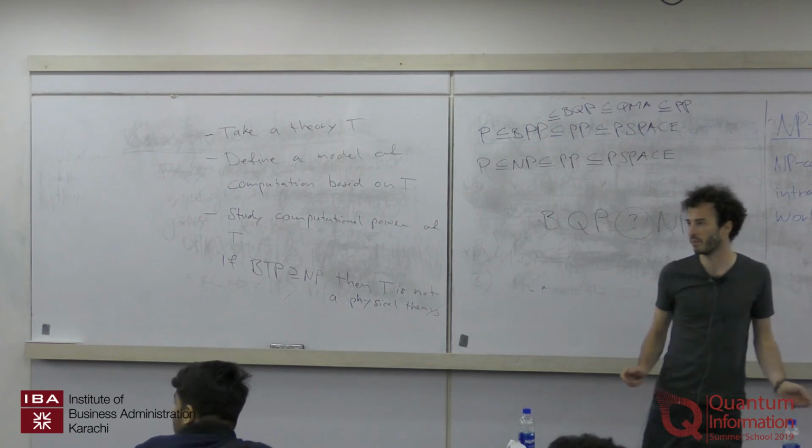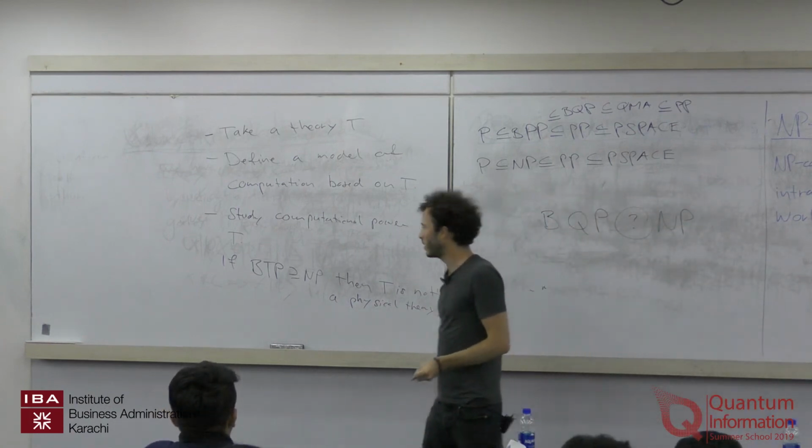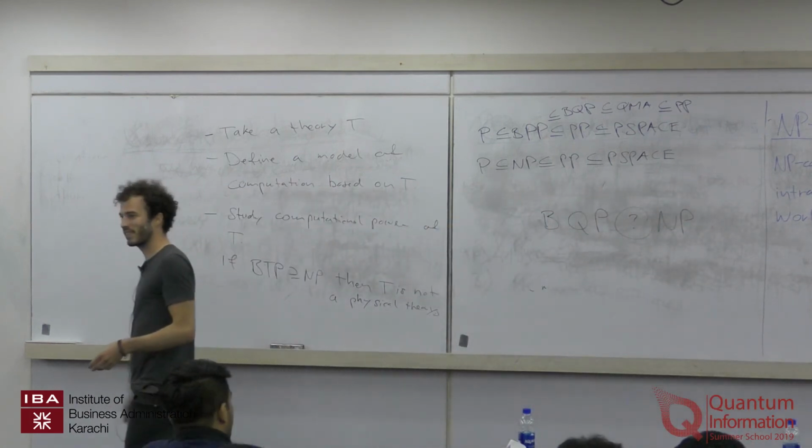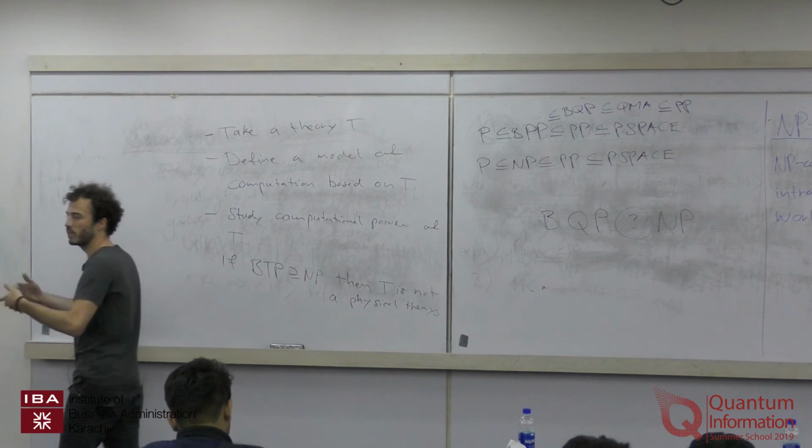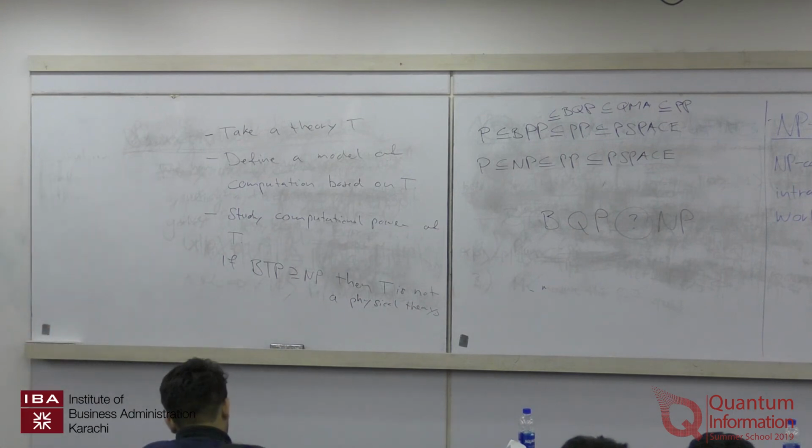What does not a physical theory mean? Good question. Kind of, what this machine does, we cannot build it in an experiment. In our universe? Yes. Or in any conceivable universe? No, we cannot realize it. We cannot do an experiment and actually solve these decision problems in the times that the model tells us.